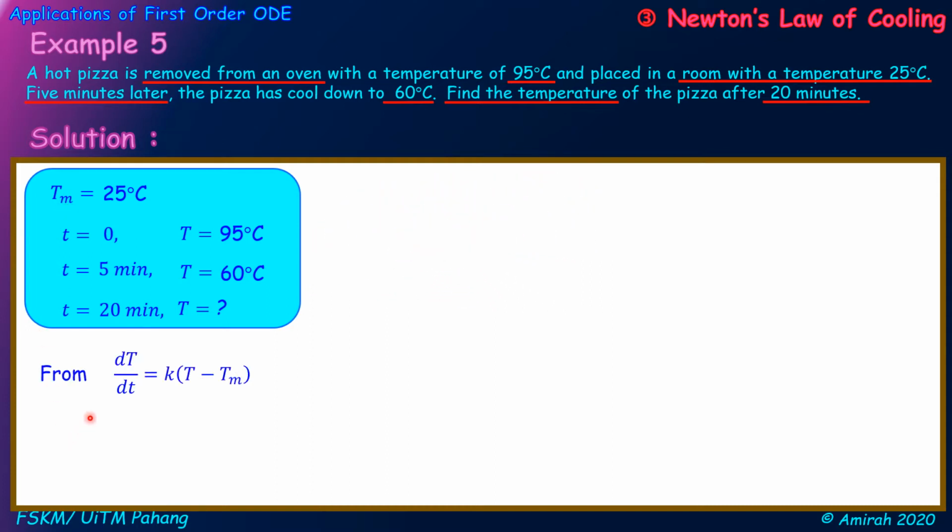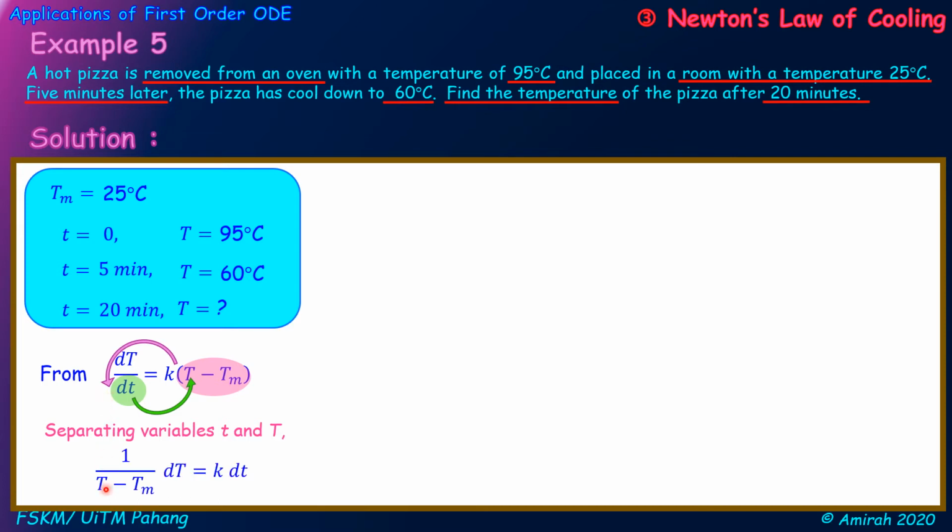After that, we can start from dT over dt equals to K times T minus Tm. Then separating variables time and temperature. From dt here, we can move to the right hand side and it becomes multiplication. And then T minus Tm, we can move to the left hand side.